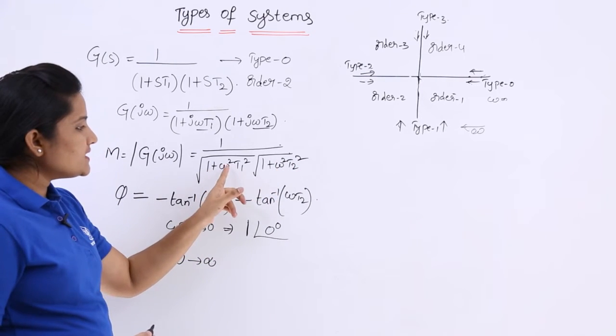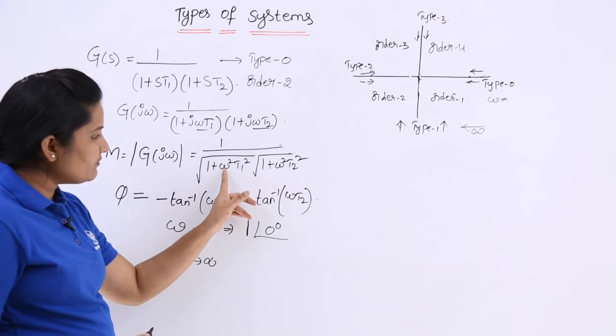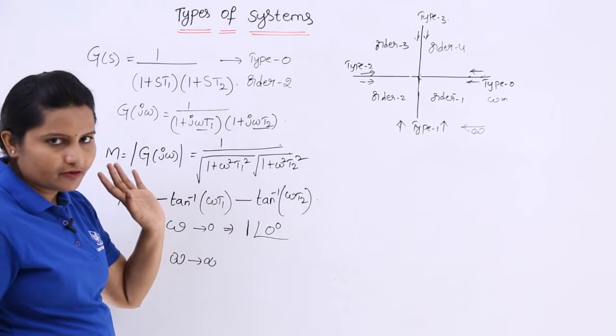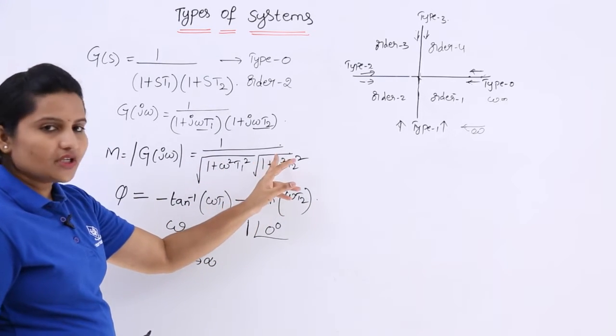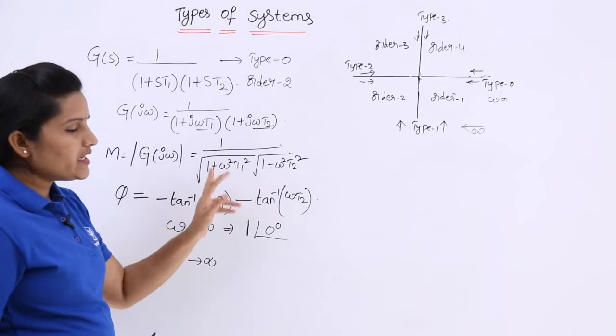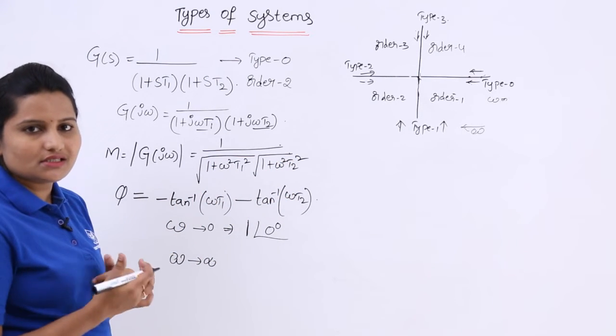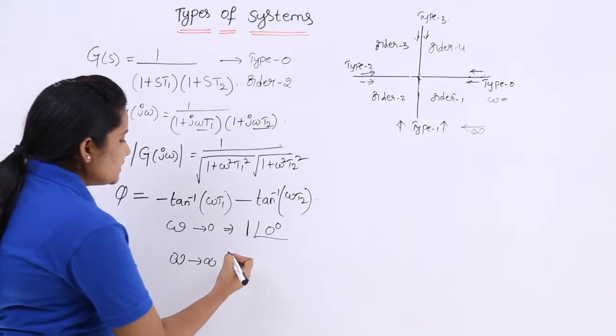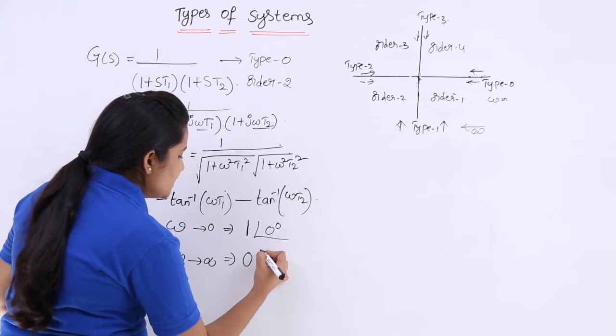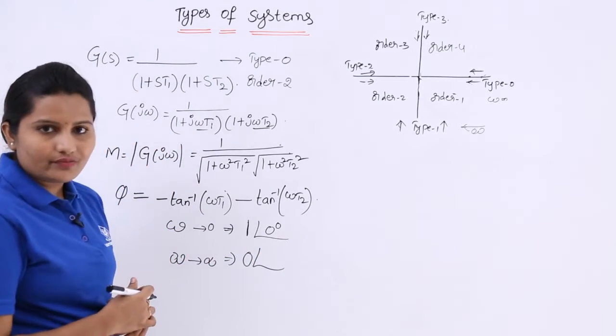So, 1 plus infinity is infinity, root infinity into root infinity is infinity, and 1 by infinity is equivalent to 0. So, the magnitude will turn to 0.